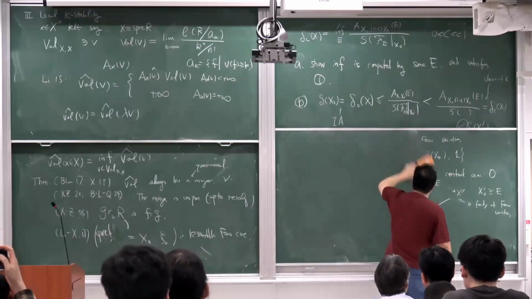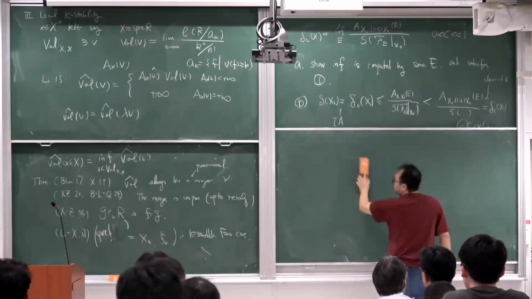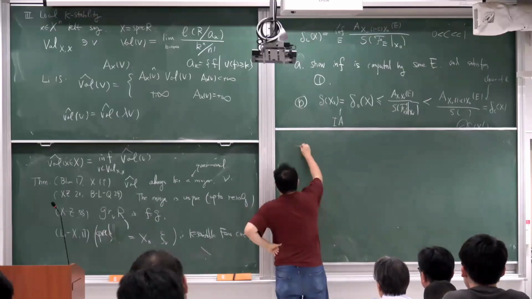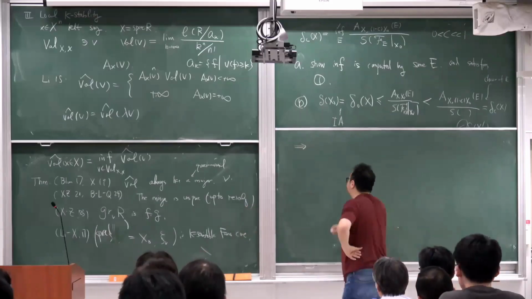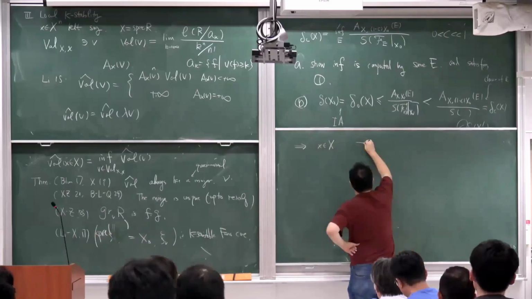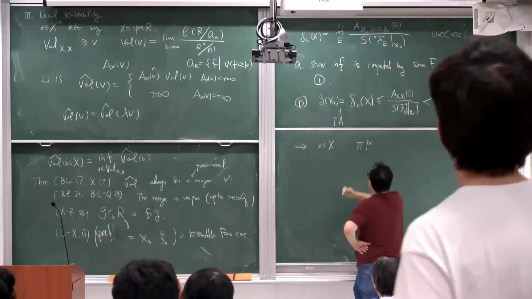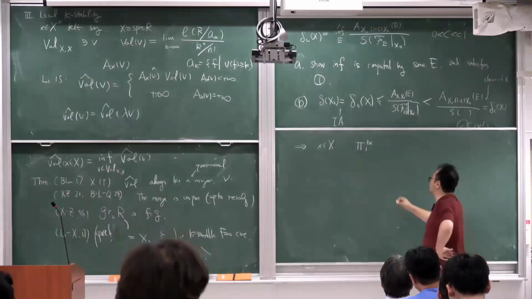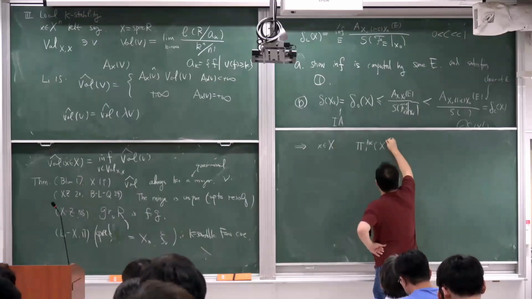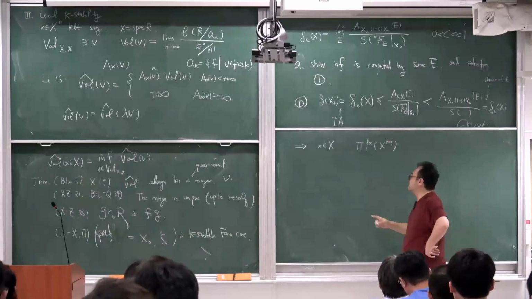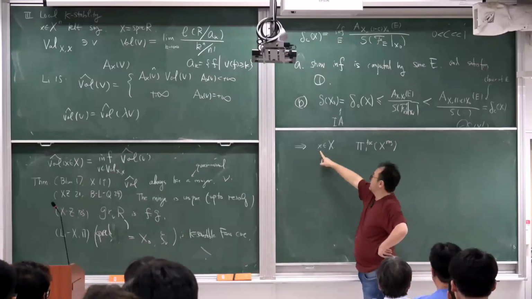So, for instance, this will immediately imply that if I have a KLT singularity, and I look at the local fundamental group, actually I look at the local fundamental group of the regular part, which often could be larger than the fundamental group, just take out this point.